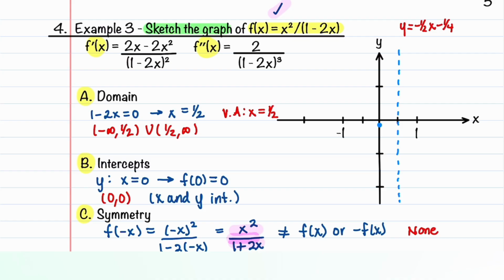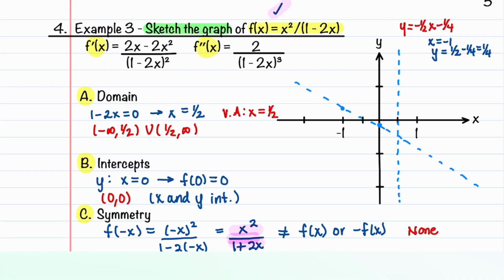And then when x is minus 1, we have y equal to 1/2 minus 1/4, which is 1/4. And that point is right here. Now we can draw our asymptote.